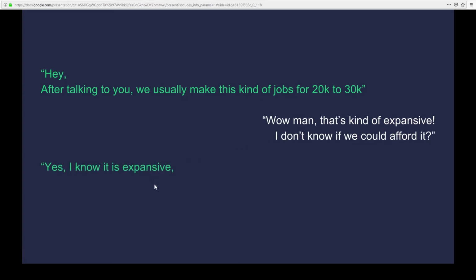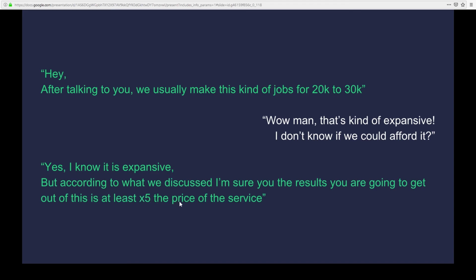And you're like, "Yeah, I know it's expensive, but according to what we discussed, I assure you that the return you are getting out of this is at least five times the price of the service." And here you could again start negotiating with them, and probably you will not get less than $15,000 out of this project.